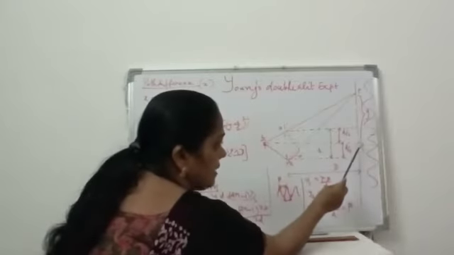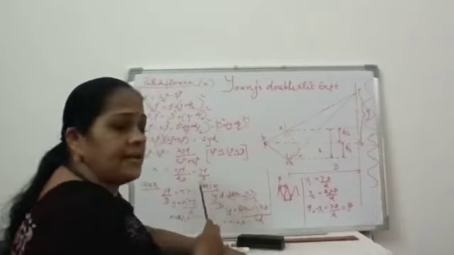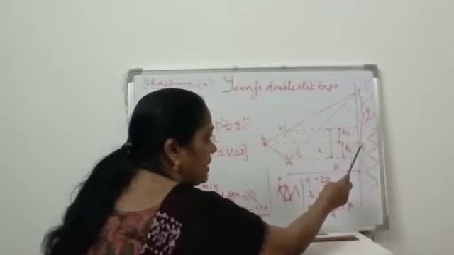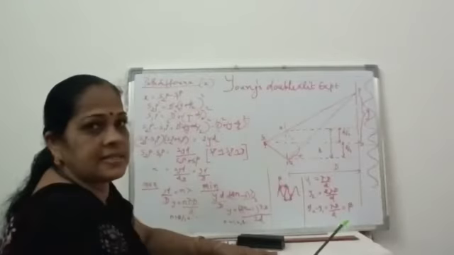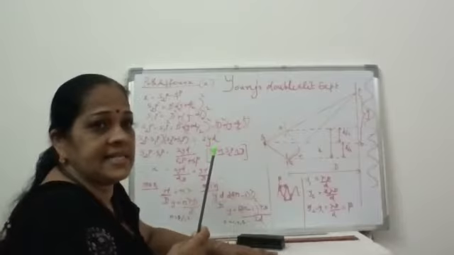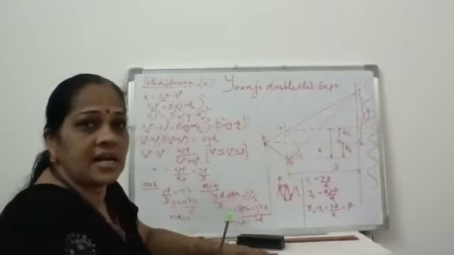Consider the point O, which is equidistant from S1 and S2. So all the wavelets will arrive at O in phase. Therefore, O is of maximum intensity, and it is the center point on the screen.